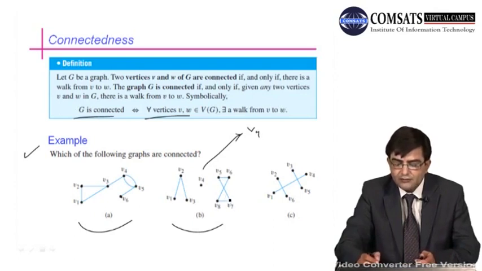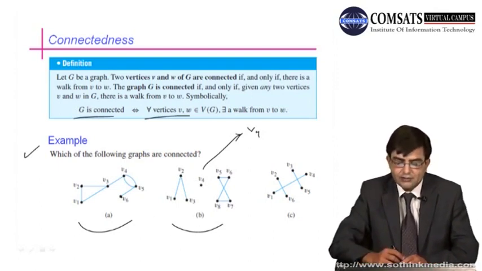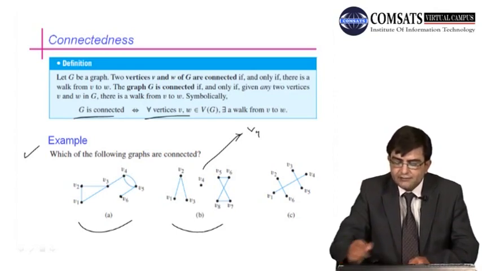But only these four vertices satisfy the condition of walks. If we choose V3 V6, V3 V4, V2 V4, there is no walk between these two vertices, so this graph is not connected.